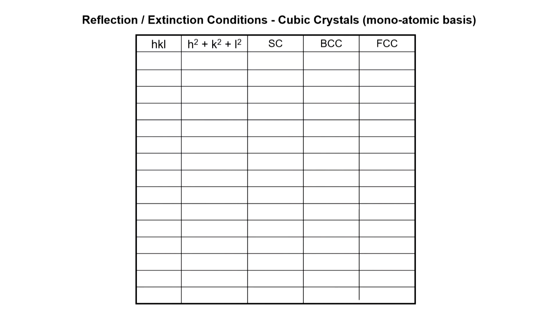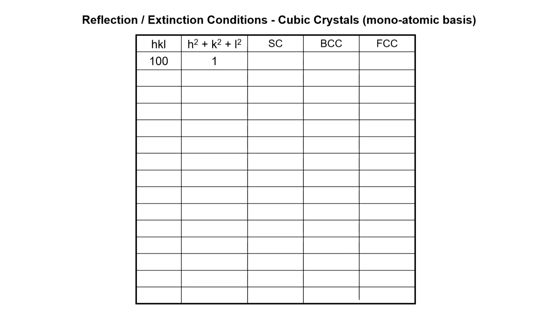Body centered cubic, corners and the body centered position; face centered, corners and the centers of all the 6 faces of the cubic crystal. So, I have SC for simple cubic, BCC for body centered cubic, FCC for face centered cubic. Now, what are the extinction rules?